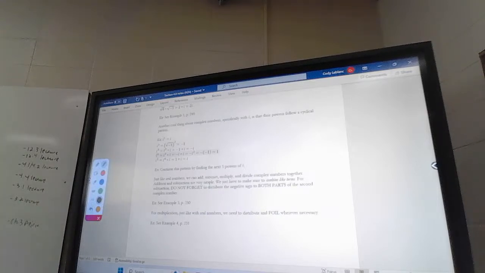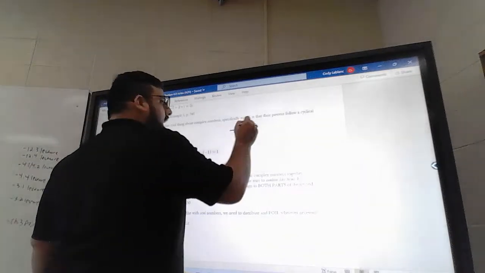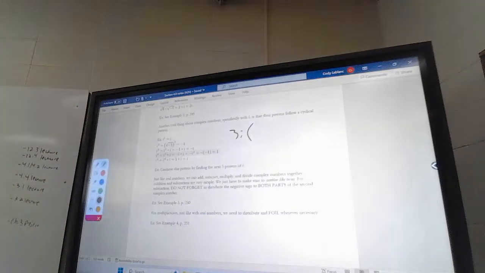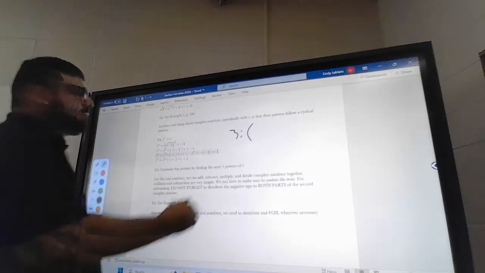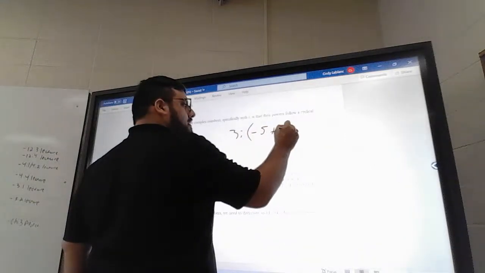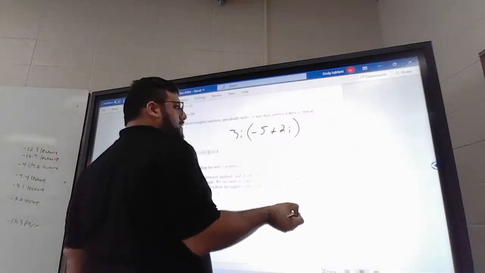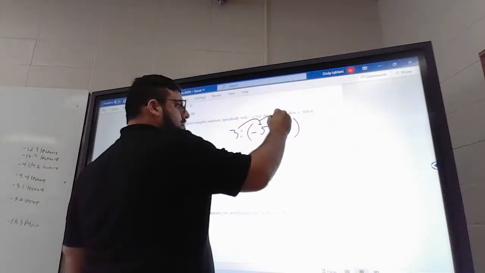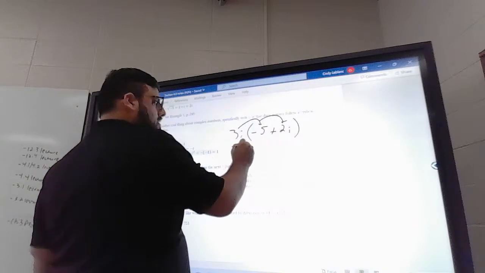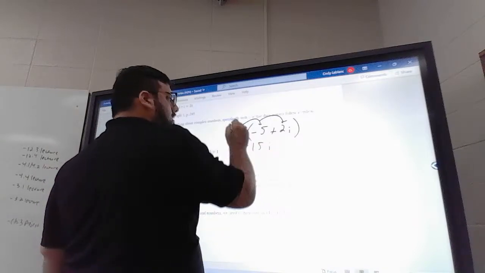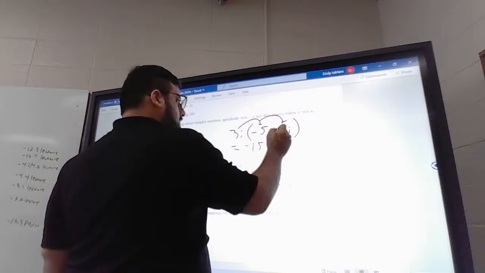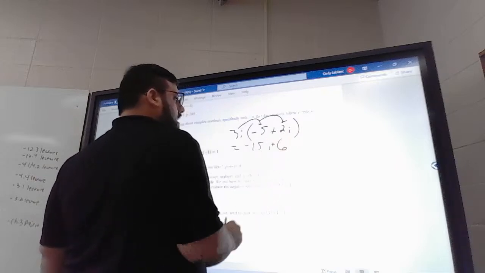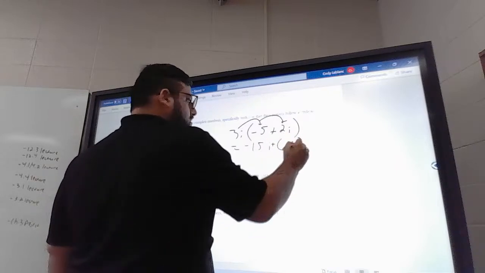and FOIL wherever necessary. For example, if I want to take a complex number like 3i and multiply it by -5 plus 2i, then of course we're going to distribute. So this is -15i. Distribute here. That's 3 times 2 is 6. i times itself is i squared.